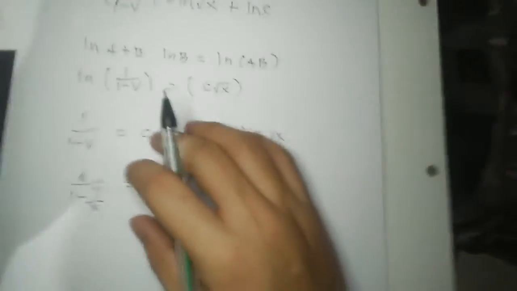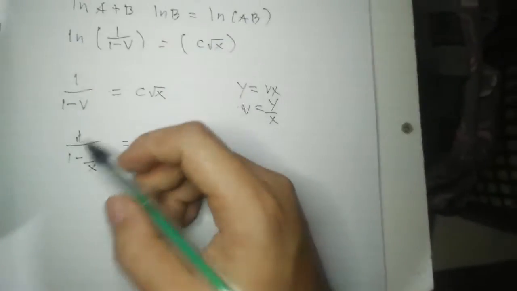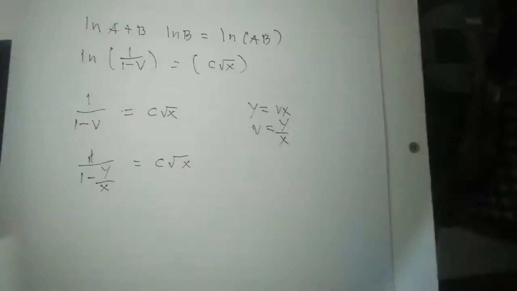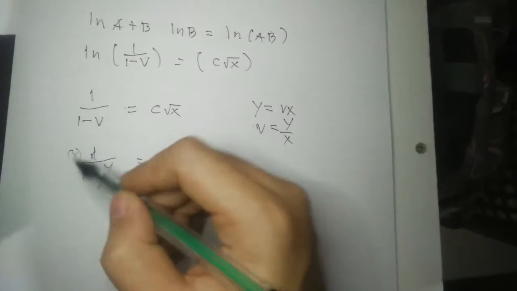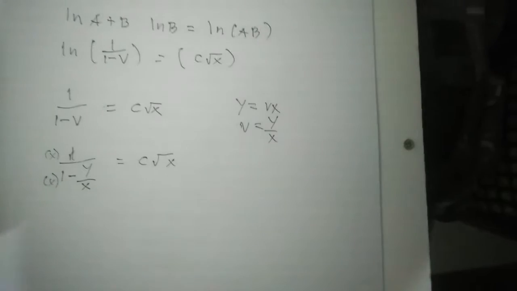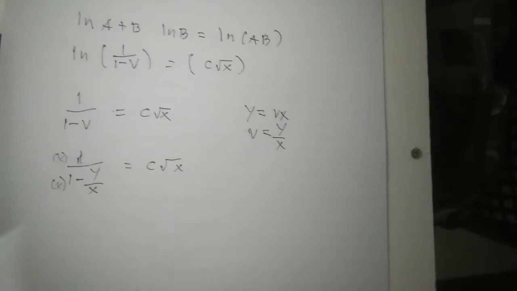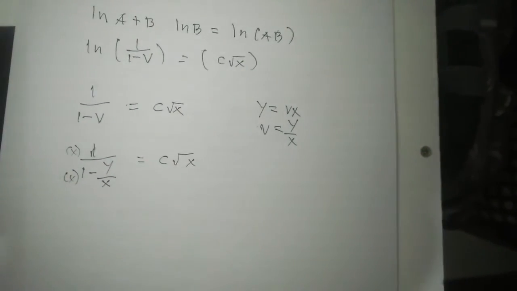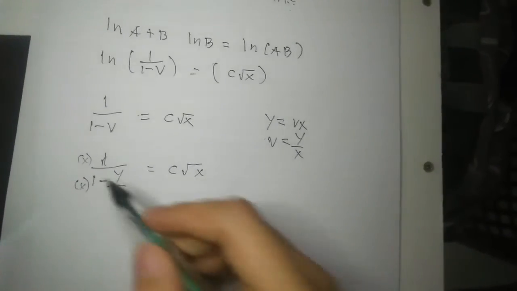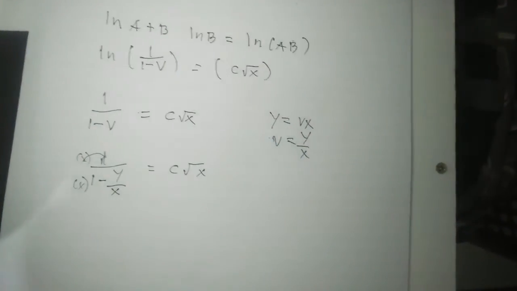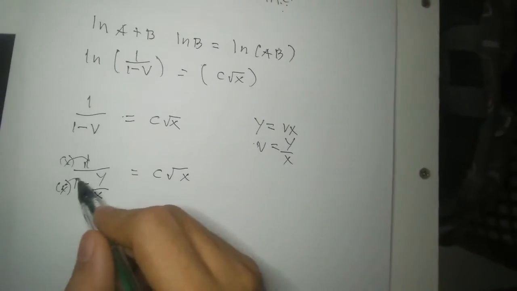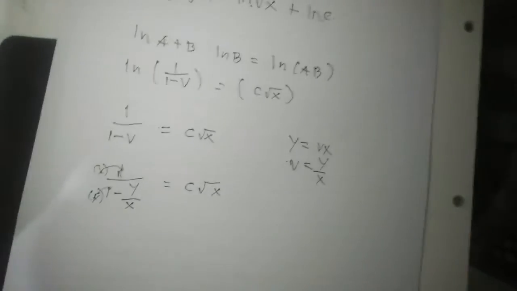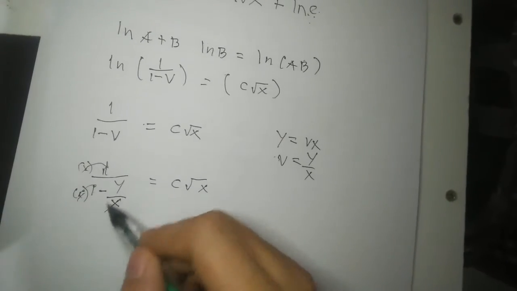Now to simplify this complex fraction, we will multiply both sides by x. So this will become x, and then here x, then this will be cancelled.